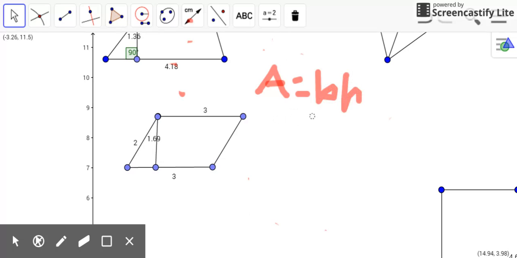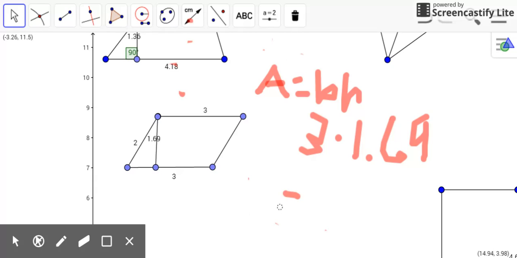So it'll just be 3 times 1.69, and that'll give you 5.07 or 5.1. That's how you calculate the area of a parallelogram, and that is all.